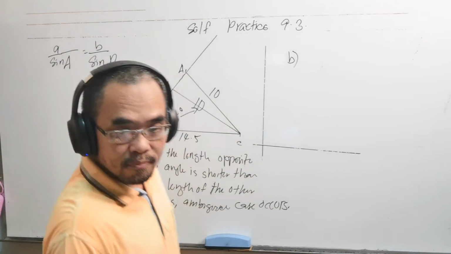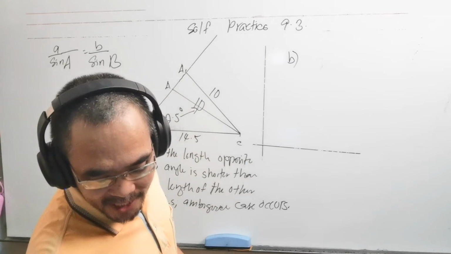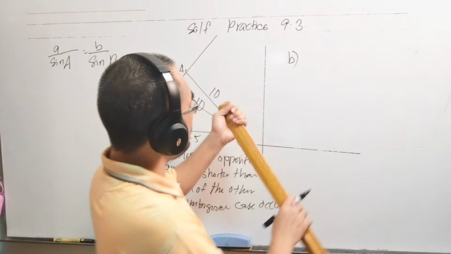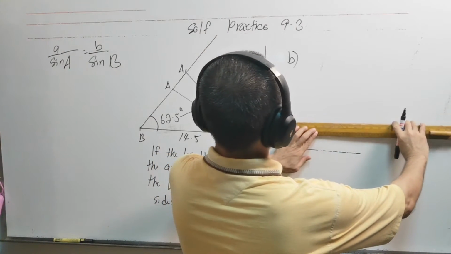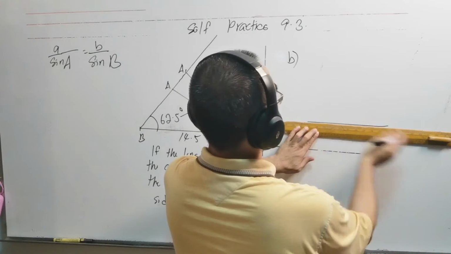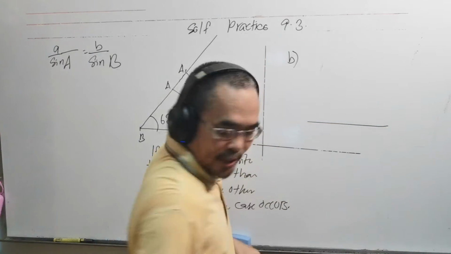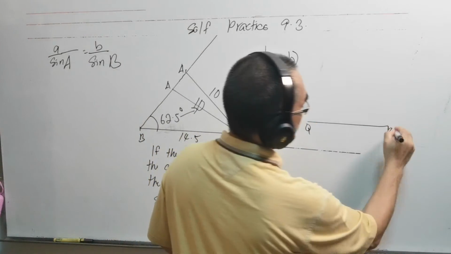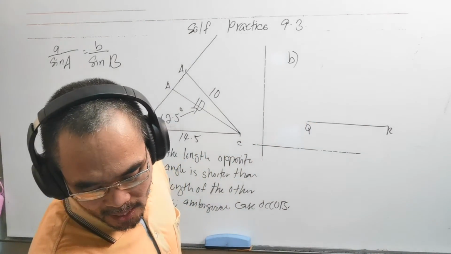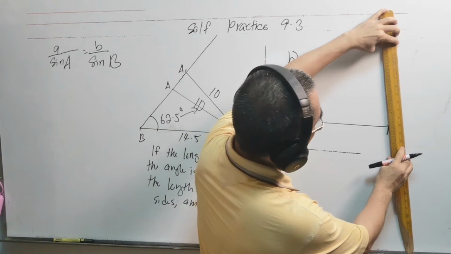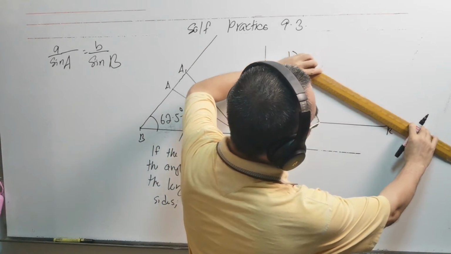So now, let's try to draw again. We have to draw 8.2, something like that. It should be straight. 8.2 is Q to R. And the angle at R is 28. 90 is like that, so I divide this by 3.